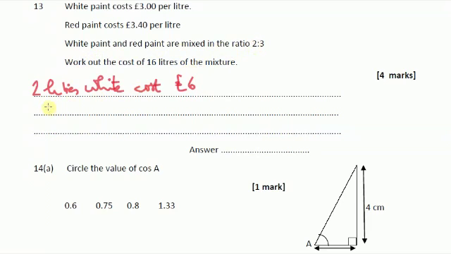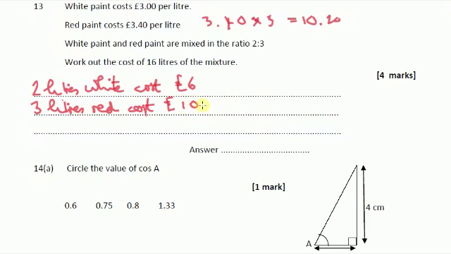And the 3 litres of the red paint, because I need to mix 2 and 3 together. 3 litres of red cost, it's going to be 3 times £3.40 per litre, which comes to £10.20.